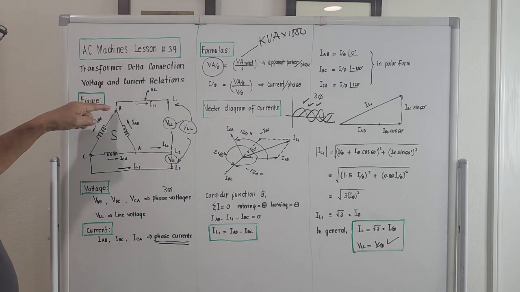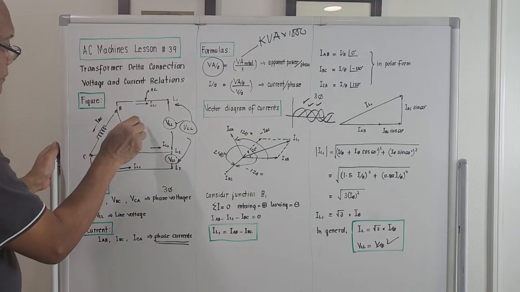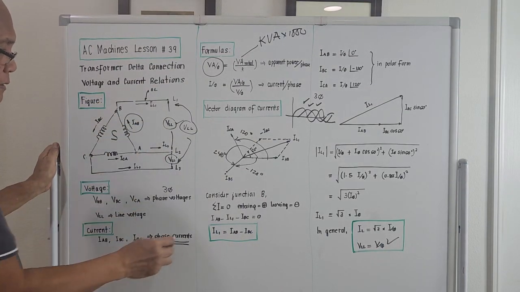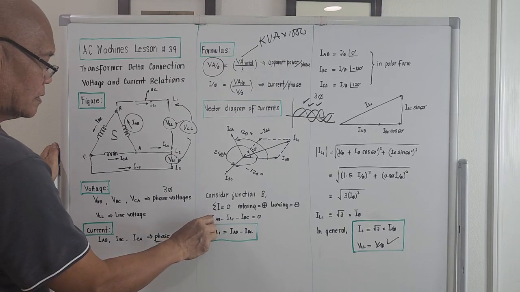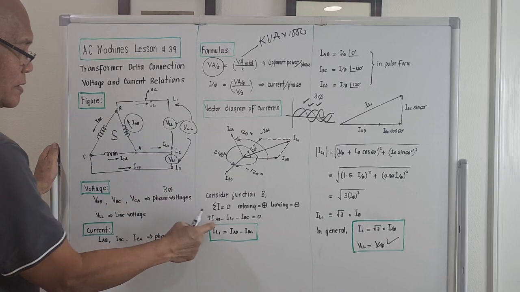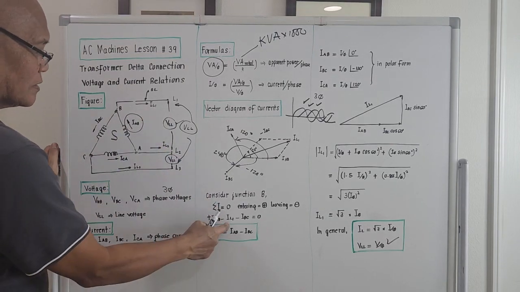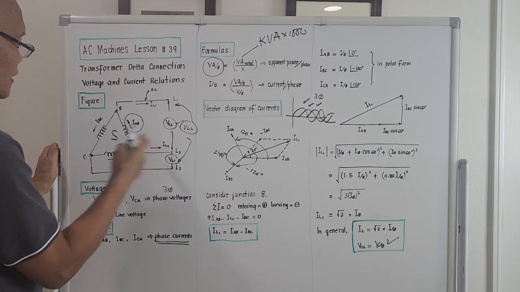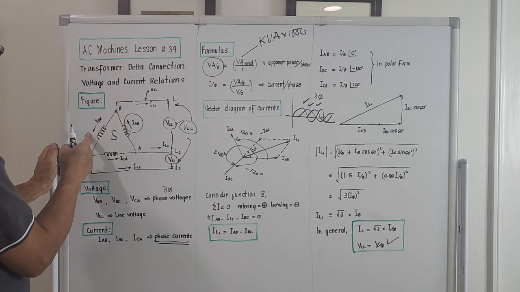Current entering junction B is actually IAB. It is plus. And the current leaving junction B is IL1, so it's minus IL1. And the other current leaving junction B is I sub BC.